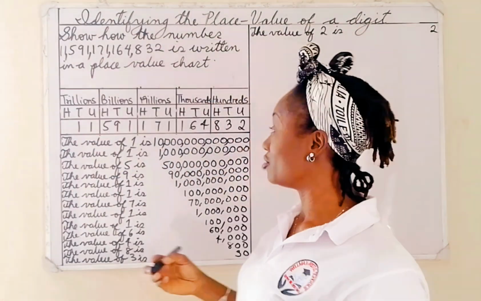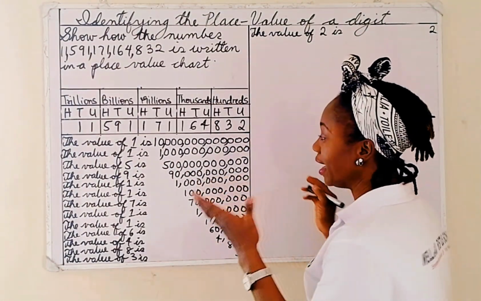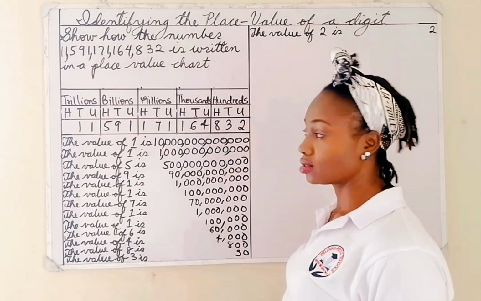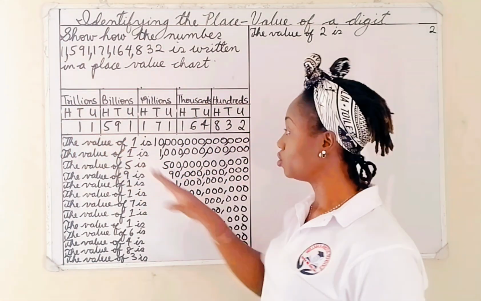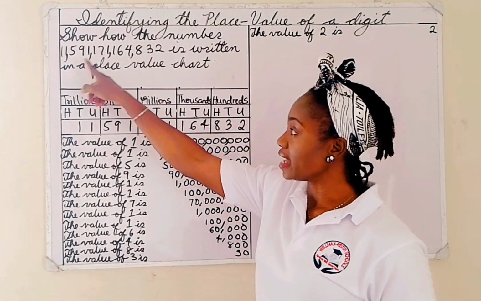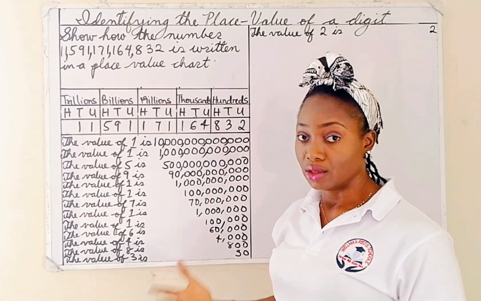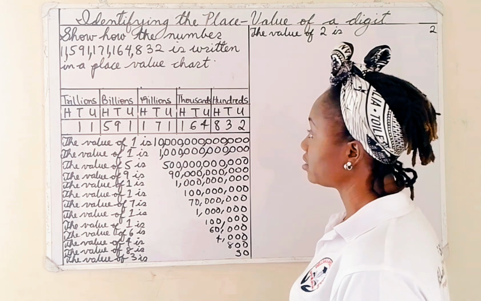You can see how we've been able to successfully expand the numbers we have in trillions. So now I'm going to write this answer following the expanded form in words. Now let's write this number in words.